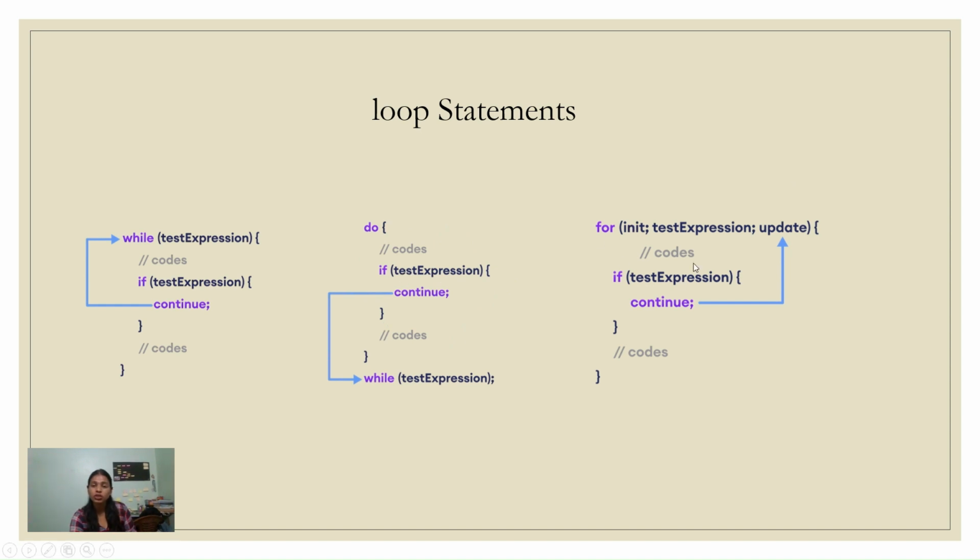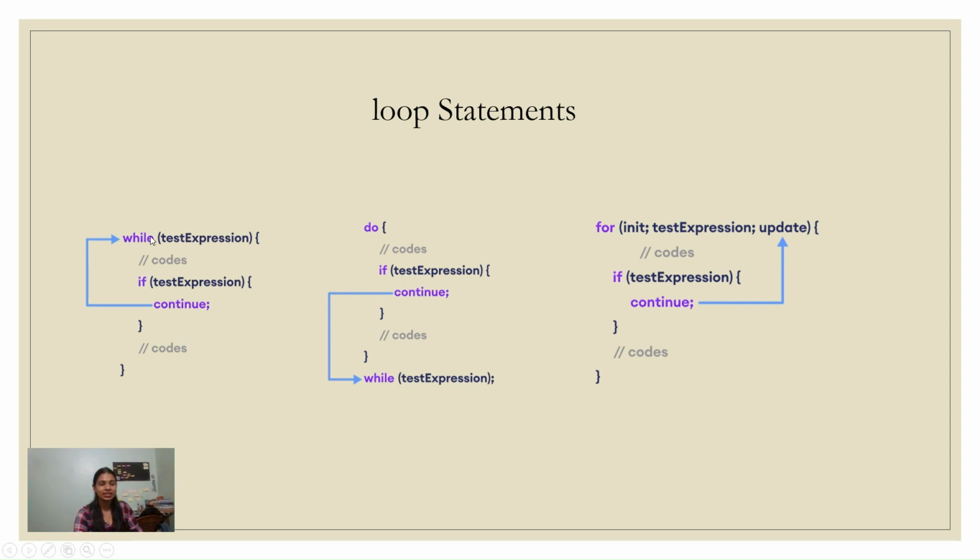And in the for loop, you can see there is initialization, a test condition, and an update. If the test condition is not true, the body is not going to be executed. That's the reason why for and while are entry loops and do while is an exit loop, because there is a test condition for the exit from the do loop.